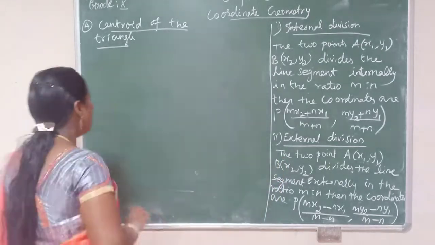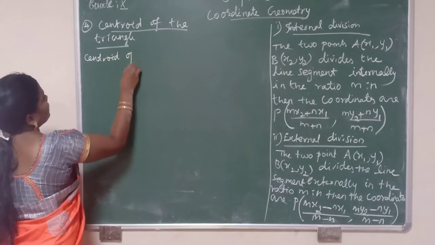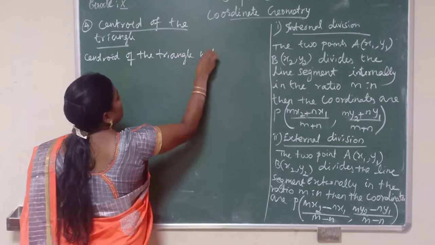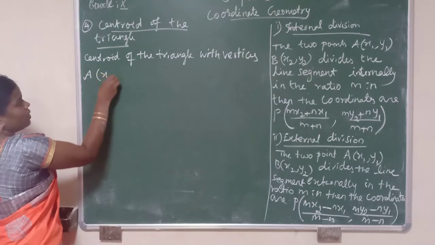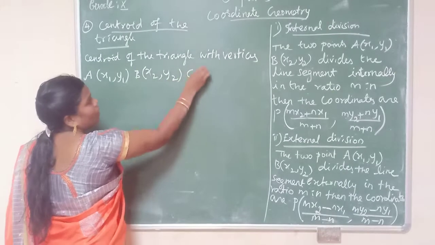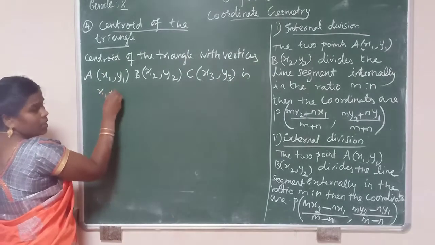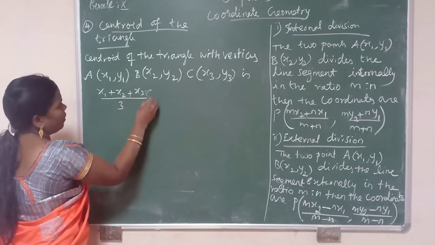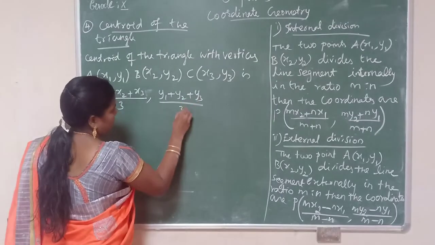Then we have the formula: the centroid of the triangle with vertices A of x1 comma y1, B of x2 comma y2 and C of x3 comma y3 is x1 plus x2 plus x3 by 3, comma y1 plus y2 plus y3 by 3.